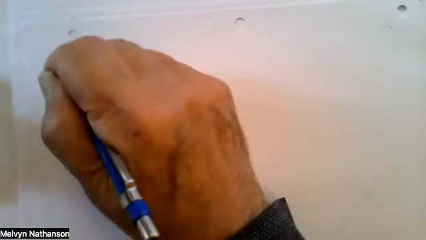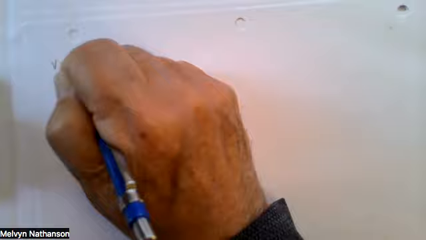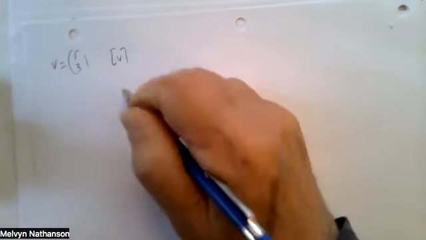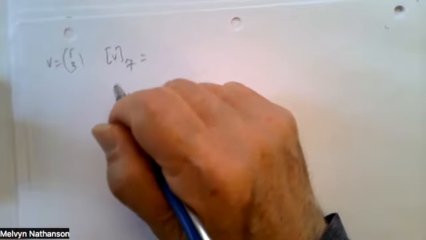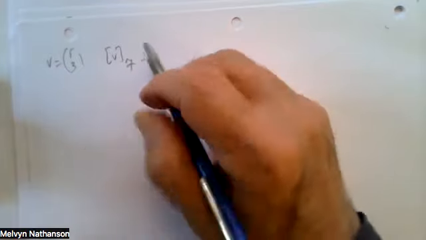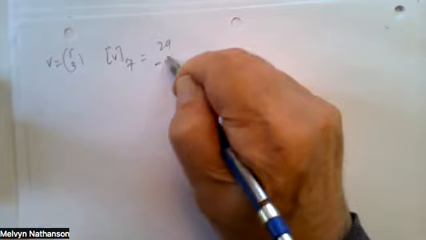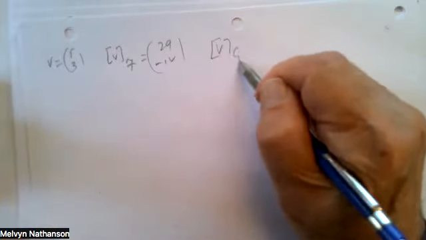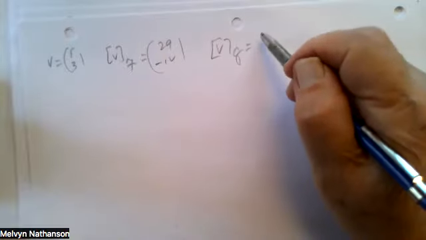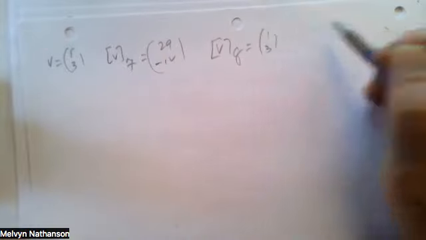I've done by brute force calculation that for the vector v equal 5, 3, the coordinate vector for v with respect to F is 29, minus 12. And the coordinate vector for v with respect to G is 1, 3.